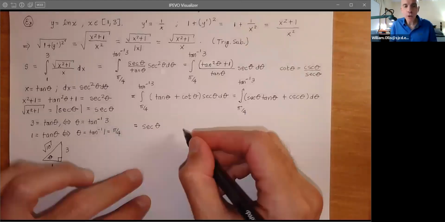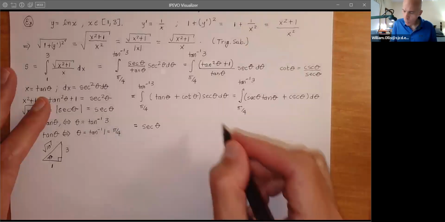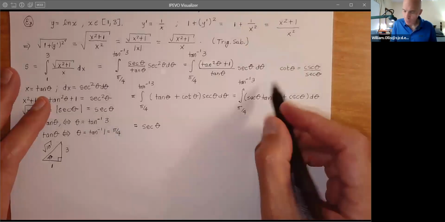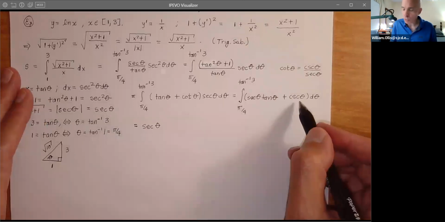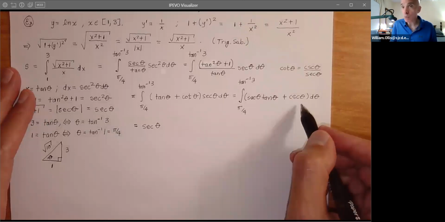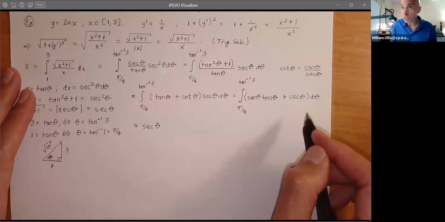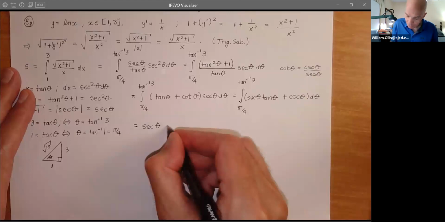Now, if you will, and I guess it doesn't really matter at this point, we'll go ahead and put our limits on the whole thing. And then, of course, this is one of our Lagrange integrals. Remember, we get the negative of the natural log of cosecant plus cotangent. And of course, you can move the negative inside and switch the plus to a minus, but let's just go ahead and write it this way.